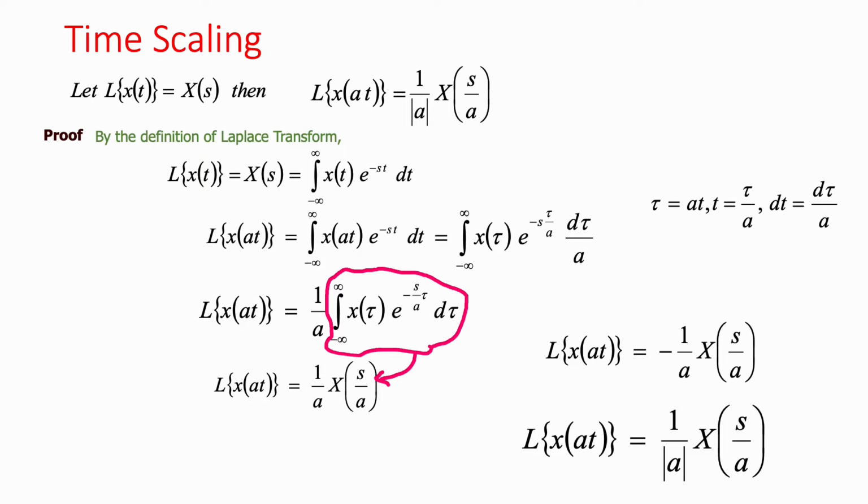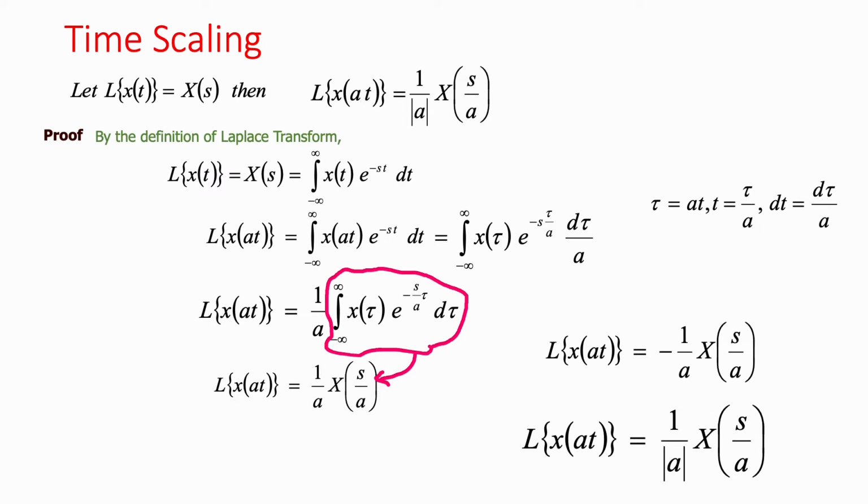Now, the whole red circled part can be written as X of s by a. Generally, you know that in the Laplace transform equation, if the exponential term has s, it is X of s. Similarly, here s by a can be replaced by X of s by a. For example, here we consider a is positive.